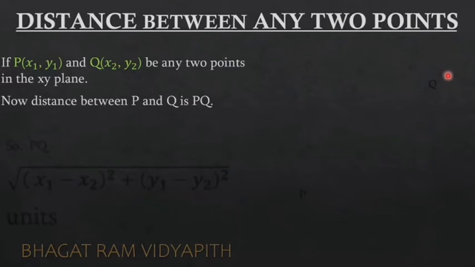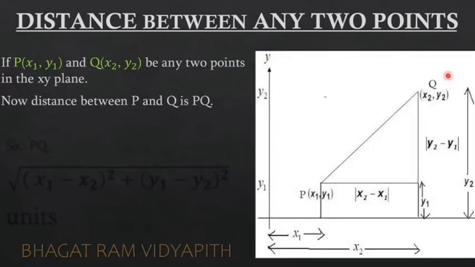Let us see this over a graph. We can see our x-axis here, our y-axis here. The point P is x1 and y1. The point Q is x2 and y2. The value from origin till this point is x1. The value from origin till this point is x2.